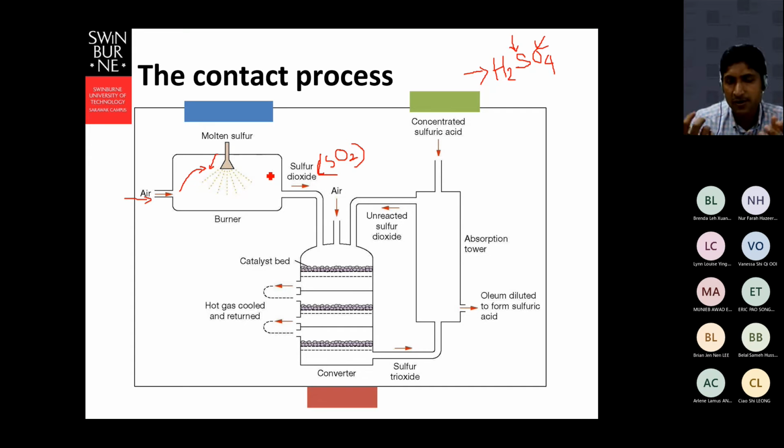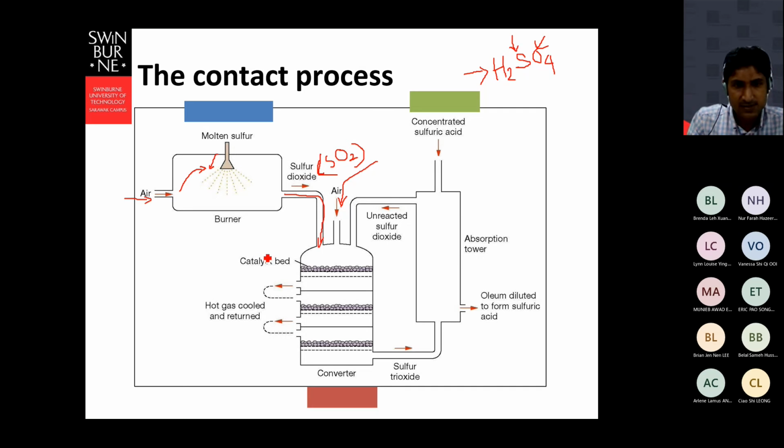Sulfur dioxide is already quite stable actually, but we want to add another oxygen atom there. So what do we do? We channel this sulfur dioxide to a reactor. In that reactor, there are many layers of catalyst. Air is pushed in again, because we need more oxygen to bind with the sulfur dioxide molecule.